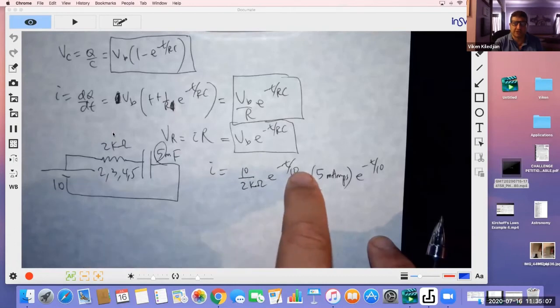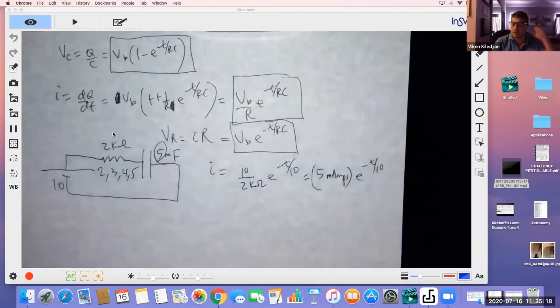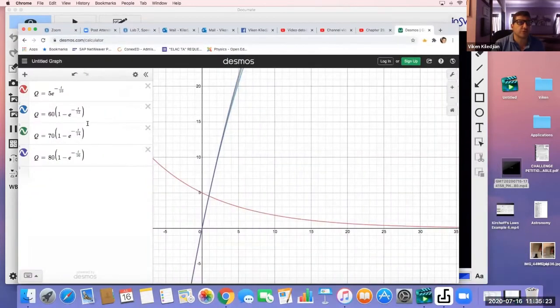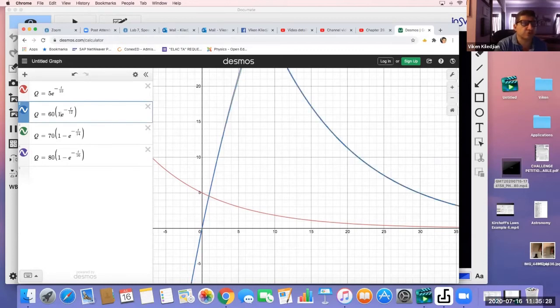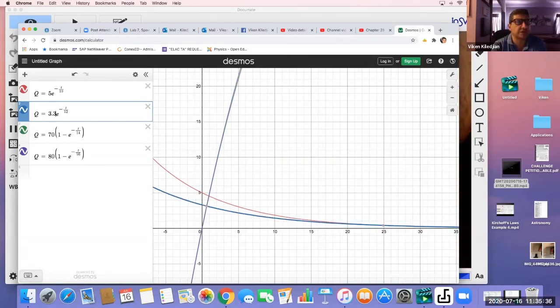This number also goes up, right? So you basically have 10 over 3, 10 over 4, 10 over 5, and the time constant also goes up. If I change it to 3, the time constant is going to be 15.